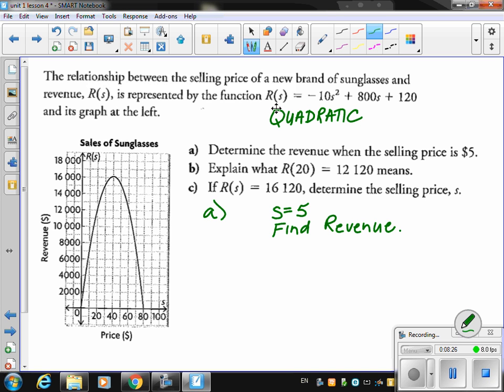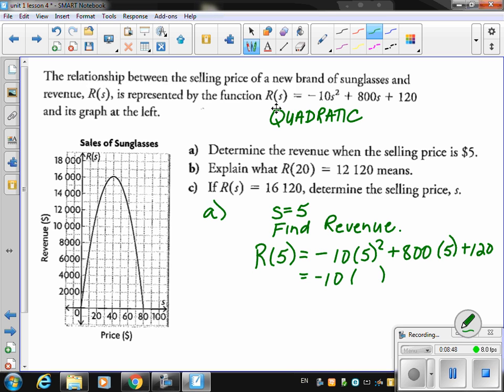So I'm going to take my equation and put a 5 in wherever I see an s. Function notation would be r of 5. Negative 10 times 5 squared plus 800 times 5 plus 120. Negative 10 times 5 squared is negative 250.